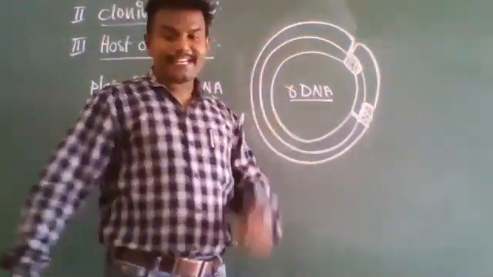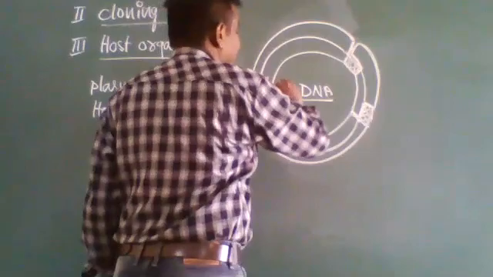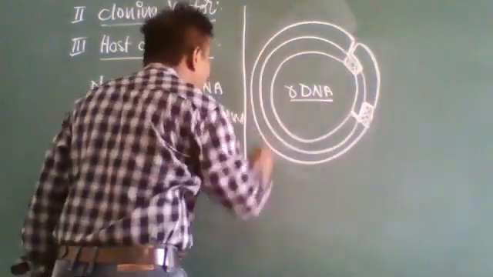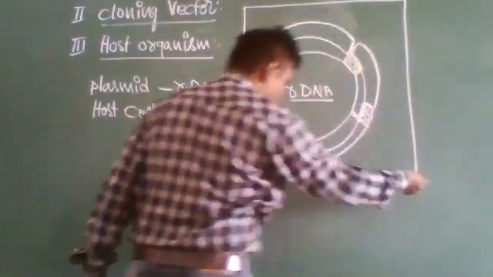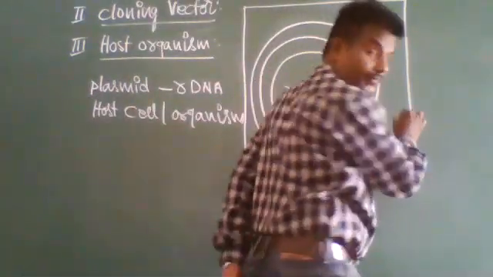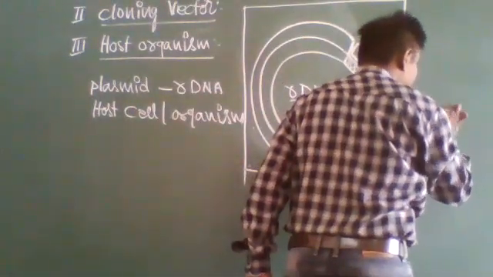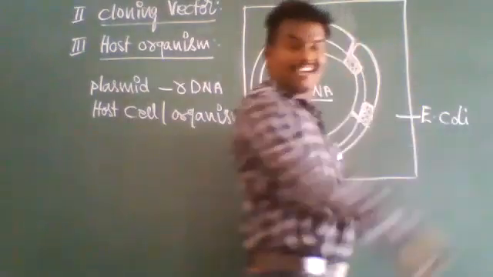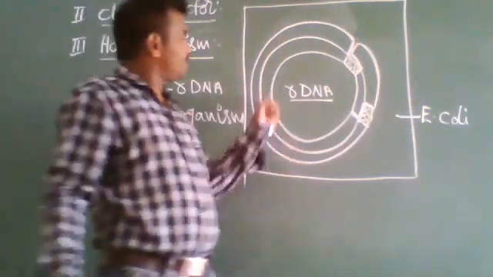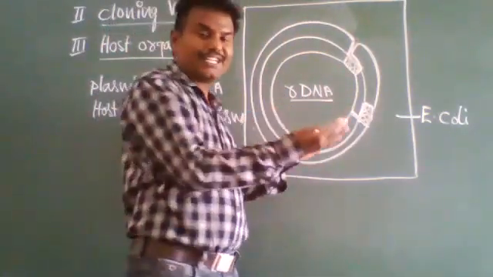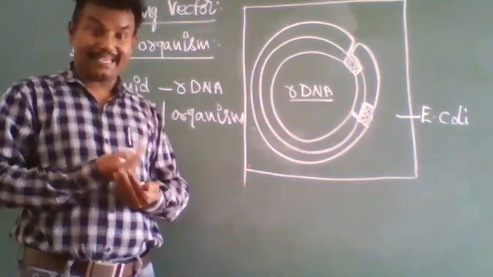So when recombinant DNA is formed, it needs to be transferred. It is transferred into the Escherichia coli bacteria. Why?